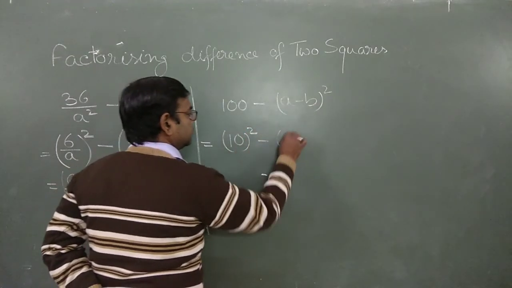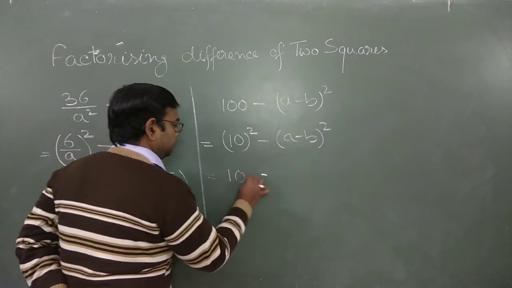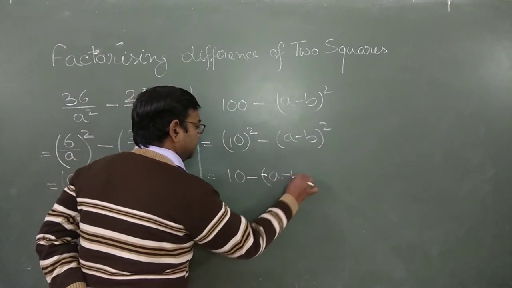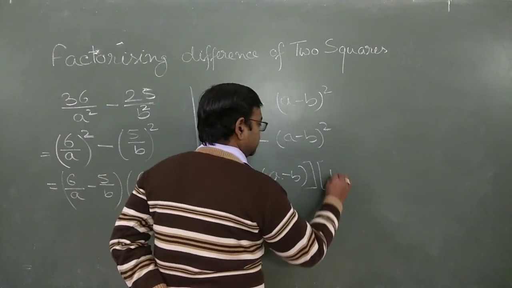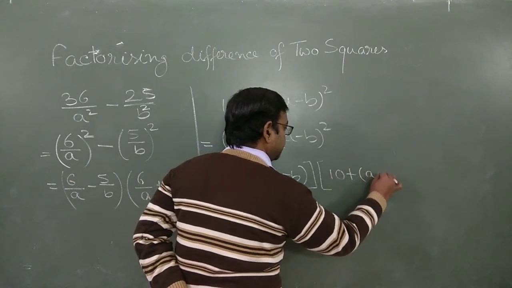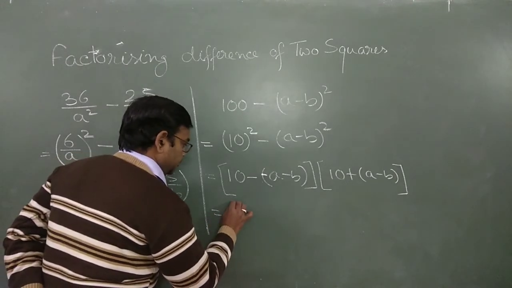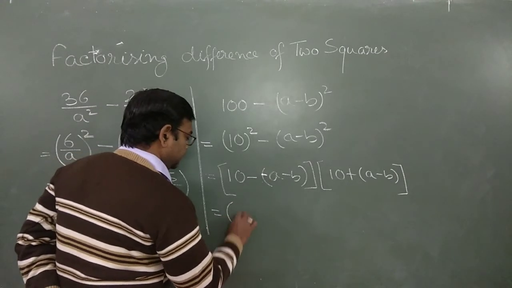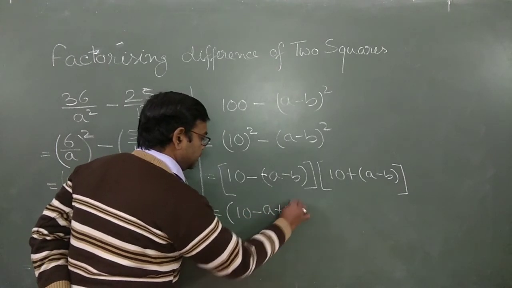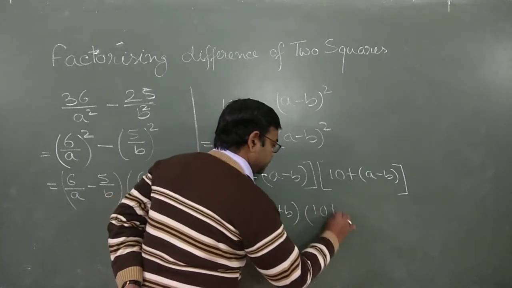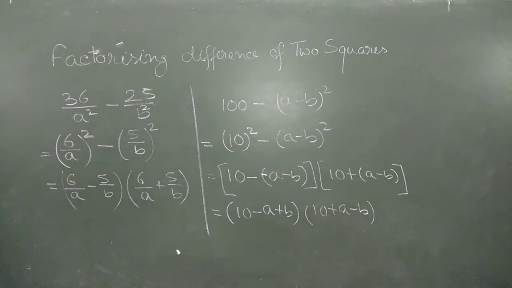Then we already have this formula: 10 minus, use bracket, a minus b, big bracket, then again big bracket, 10 plus, within bracket write a minus b. Clear? Now if we change the sign and remove the bracket, it is 10 minus a plus b. Here again we have 10 plus a minus b. So likewise you will solve this type of questions.